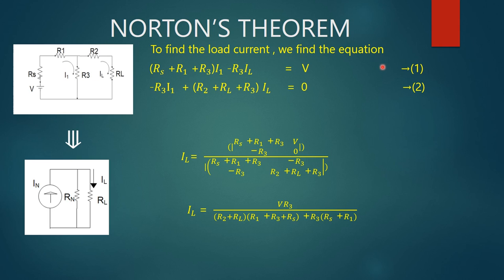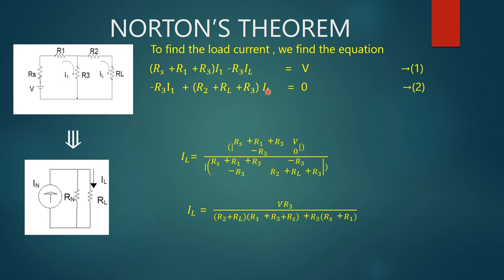This is equation number 1. For the second loop, IL is passing in this direction and across R3 is in the upward direction, and I1 is in the downward direction, so minus R3 I1 plus (R2 plus RL plus R3) into IL is equal to 0. If we solve these two equations, we find IL.